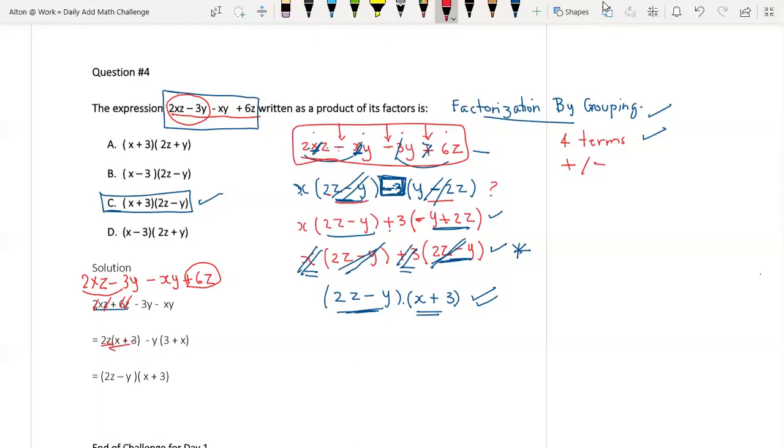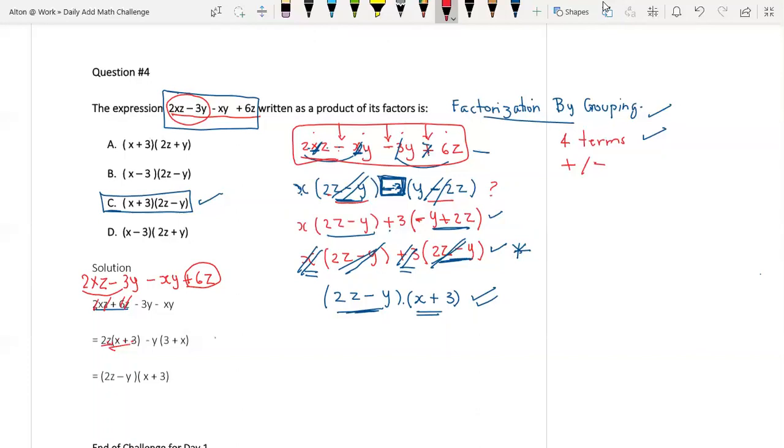Minus 3y minus xy. If I take out minus y, I'm left with 3, since minus y by plus 3 is minus 3y. Notice my change in sign, minus y by plus x gives me minus xy or yx. So examine your brackets closely.